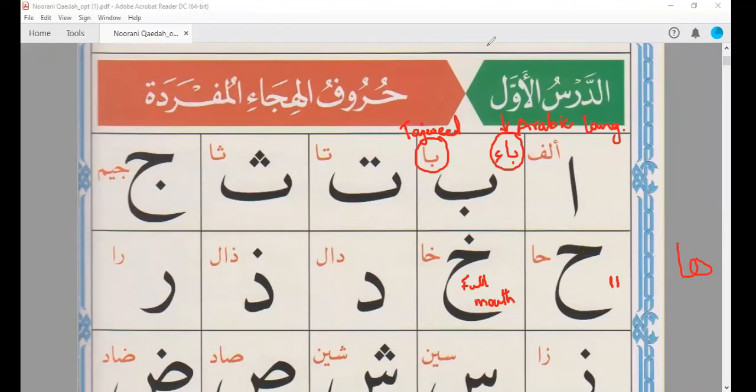The difference is what I'm doing is I'm raising the back of my tongue and then forming a slight pit in the middle of the tongue. That kind of makes it like an echo inside my mouth and gives it a full mouth effect, like kha. Now, it does not have to do anything with the lips. You do not have to circle your lips. Okay, I'm really bad at drawing, but you don't have to circle your lips.